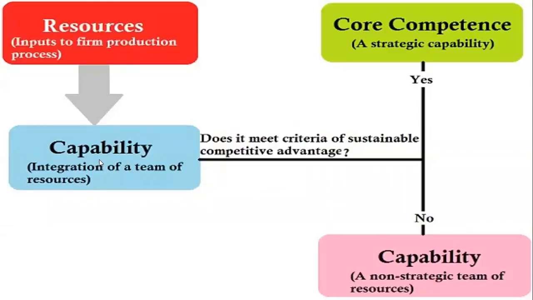Now let us look at this particular diagram before we proceed further. Every organization will have resources. By using these resources effectively and efficiently, organizations develop a capability. This capability we retain for a period of time.